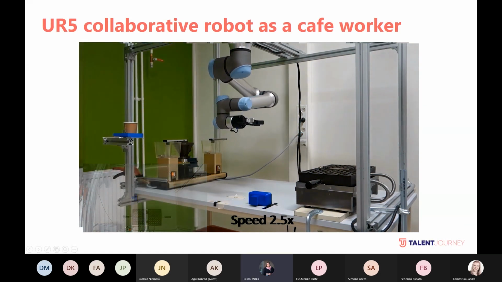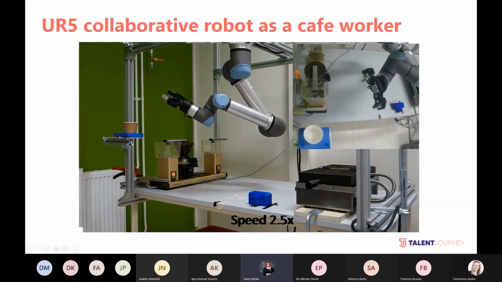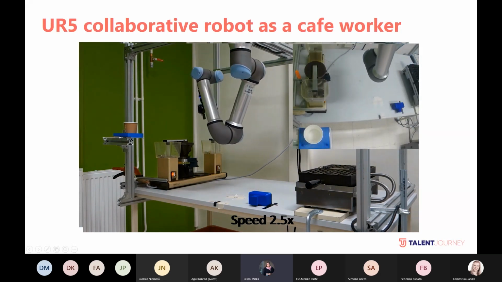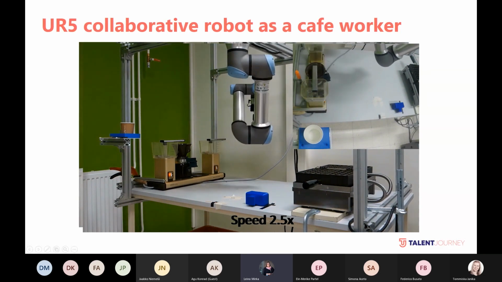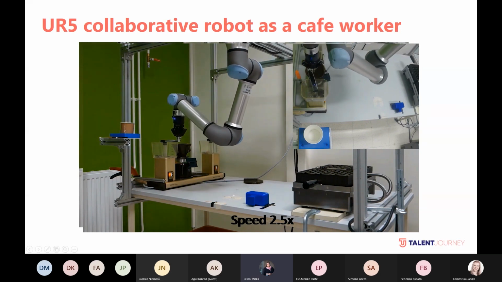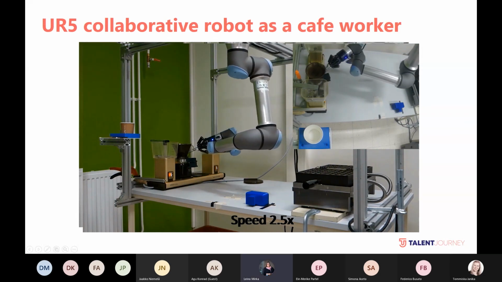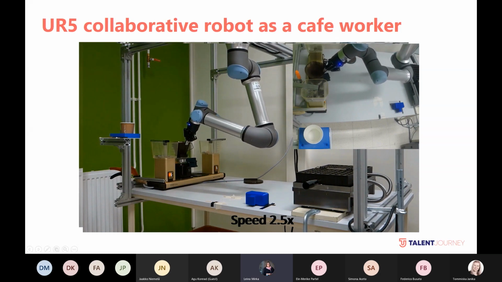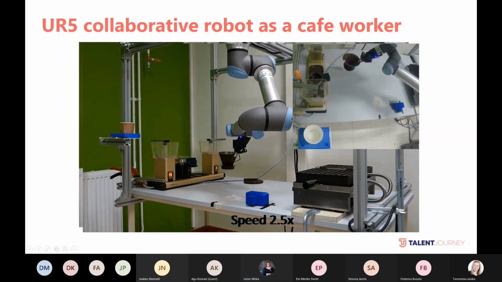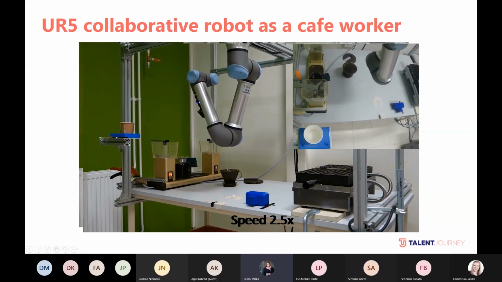And next, some coffee. And again, because we only had this one tool that could be used in this example, they 3D modeled and 3D printed a new way to handle the coffee pot. So this one is 3D printed.